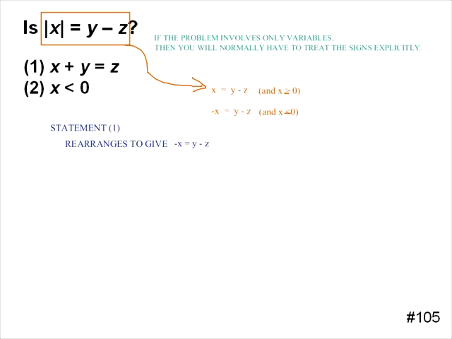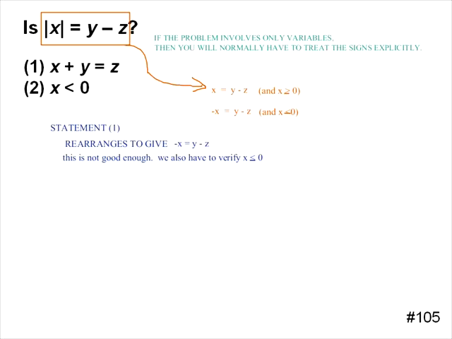We would also have to verify that x is 0 or negative. Pardon the dictation delay. We also have to verify that x is either 0 or a negative number. So that's not going to be sufficient.